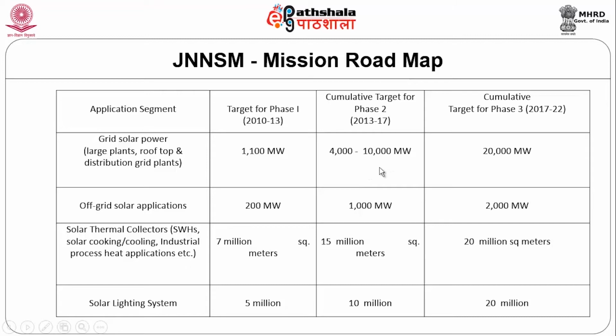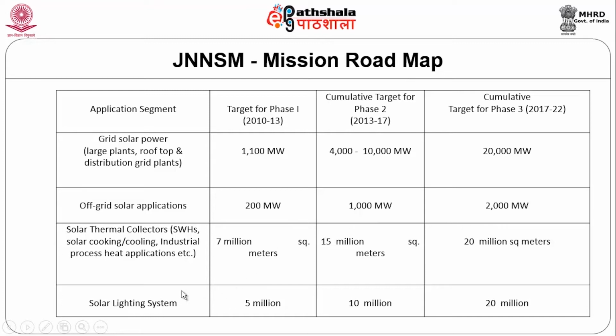We are going to reach 10,000 megawatt shortly, and it can be achieved very easily. By the year 22, 20,000 megawatt is fixed, and it could be easily achieved. Off grid, 2000 megawatt up to 2013 we already surpassed, and from 2013 to 17, 1000 megawatt is expected. By the year 22, 2000 megawatt is expected, which could be met easily.